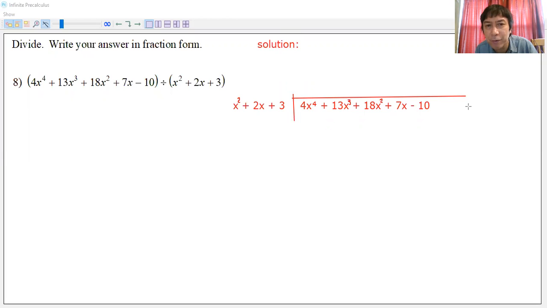So 4x to the 4th divided by x squared, that gives us 4x squared, our first term. We put the number 2, something we cannot do by typing. The Unicode won't work with 1, 2, and 3. It works with 0, and then 4, 5, 6, up to 9. That's the Unicode. For example, the one I'm doing with x to the 4th, that one works.